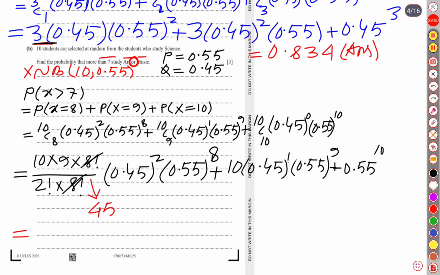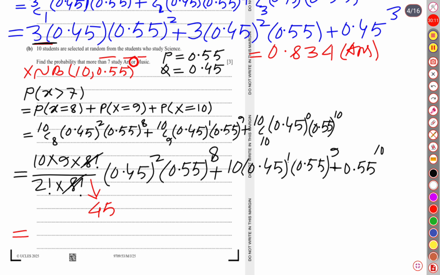So if we use our calculator, it is going to be 45 into 0.55 into 0.45 squared into 0.55 to the power 8, plus 10 into 0.45 into 0.55 raised to 9, plus 0.55 raised to 10.